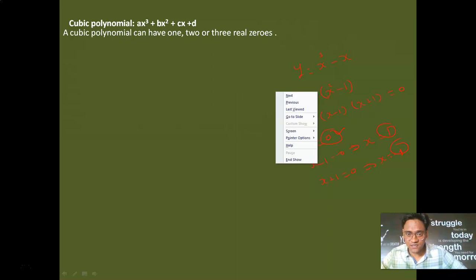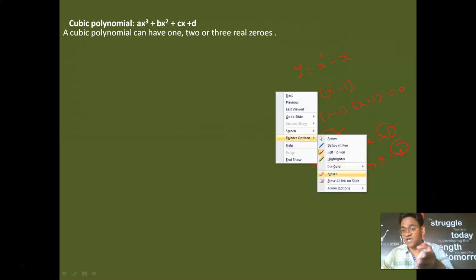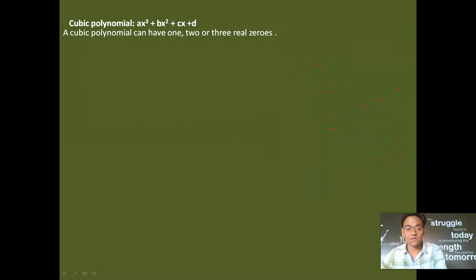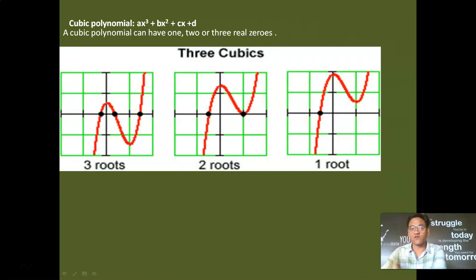Now students, if you make the graph, you will get a zigzag curve. Let me show you. From this diagram, you will get this zigzag curve whenever you make a graph of a cubic polynomial.